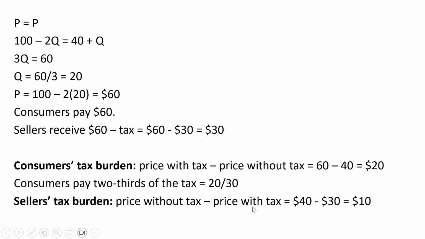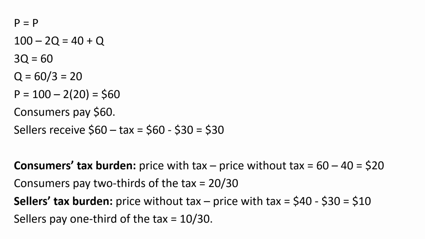The price with the tax is $30, so that's what sellers clear after they submit the tax to the government. So sellers are receiving $10 now less per unit, 40 minus 30. So in terms of the tax burden, the seller's tax burden is 1/3 of the total tax. So we have a $30 tax. Sellers are paying part of that tax, $10 of it, 1/3 of it, in the form of lower prices.